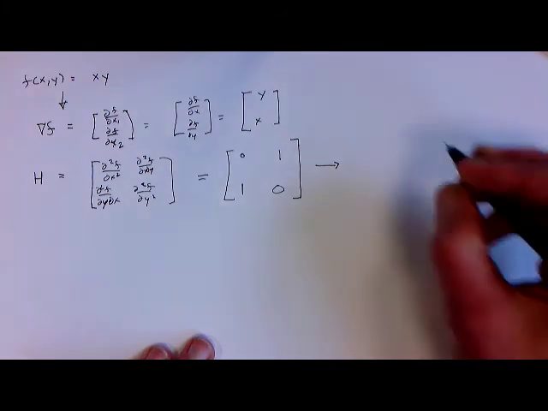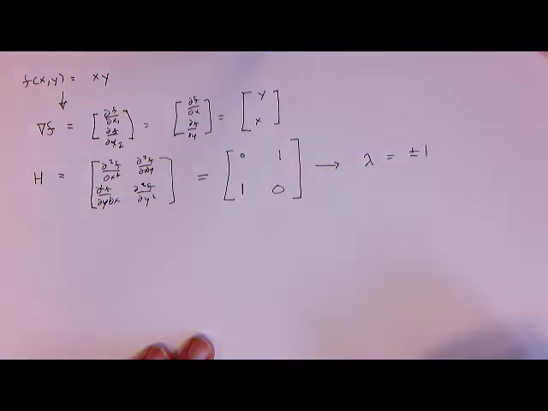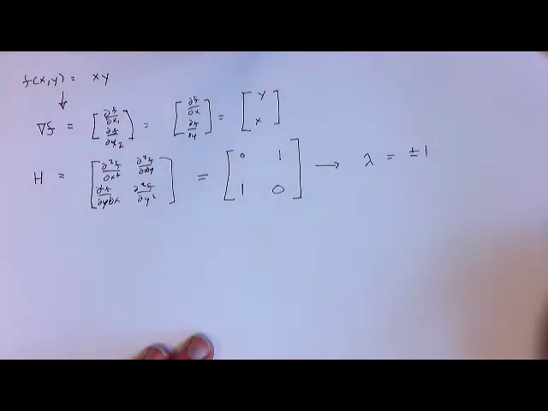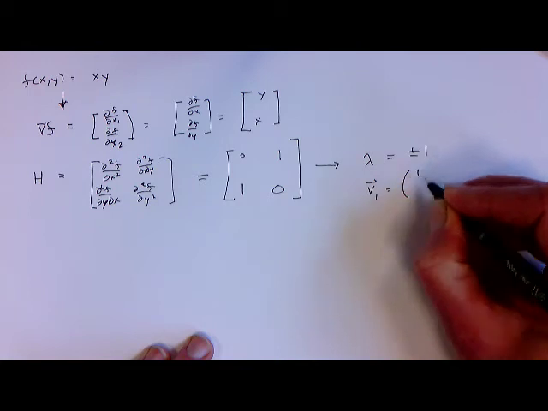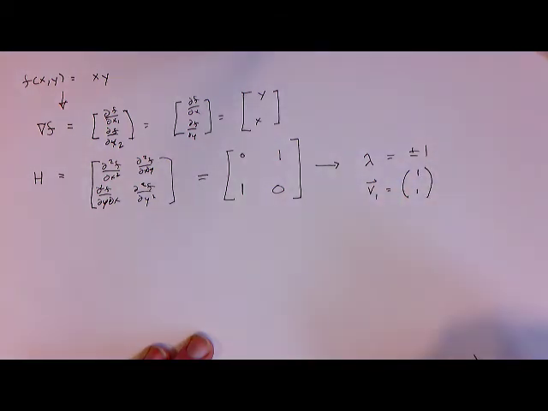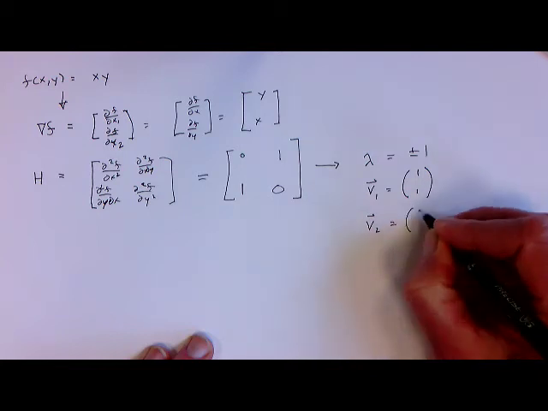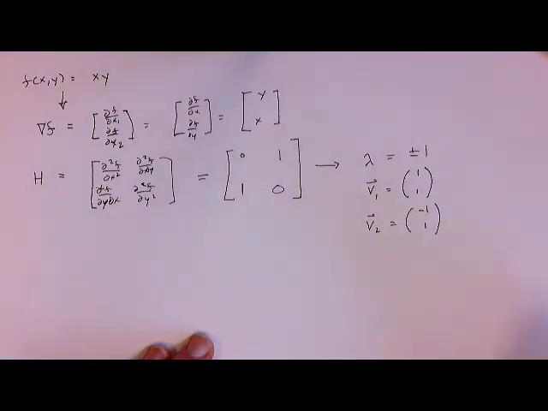So I propose that the eigenvalues of this matrix are plus or minus 1, and that the corresponding eigenvectors, V1 and V2: V1 is (1, 1), which corresponds to the eigenvalue of 1, and V2 is (1, negative 1), or (negative 1, 1), which corresponds to the eigenvalue of negative 1.